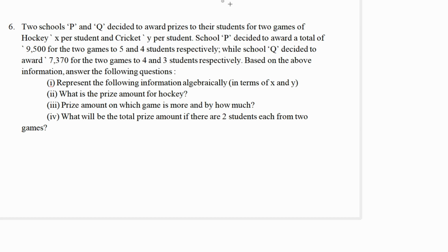Okay. So what can we see? Represent the problem algebraically. So in this we don't have to choose variables. The variable is already chosen. So let's take school P and school Q. They both are awarding the same amount per student per game.